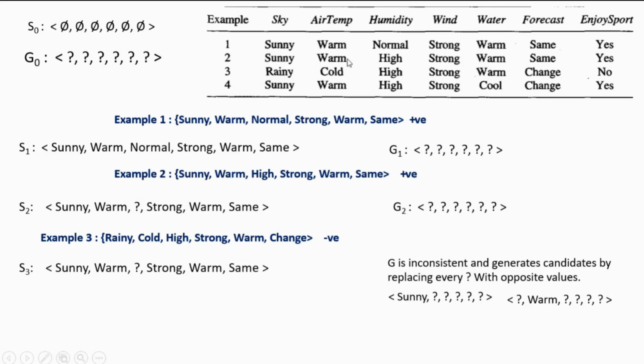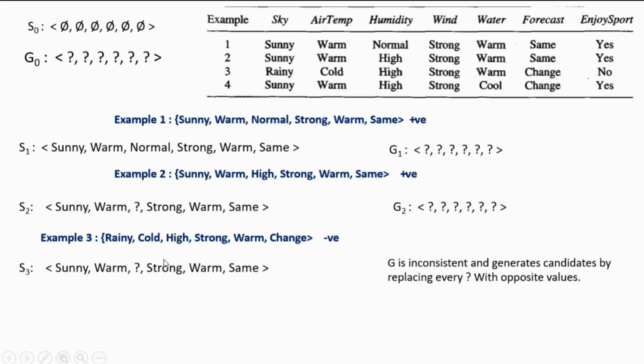What is the opposite value? The opposite value is considered only from those examples which have already been studied. So amongst these 2 examples, warm is the opposite value. So replace that with warm, right?